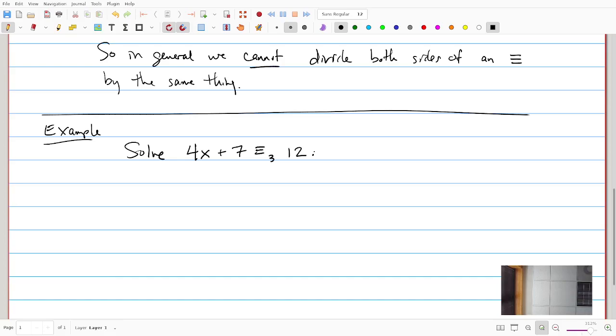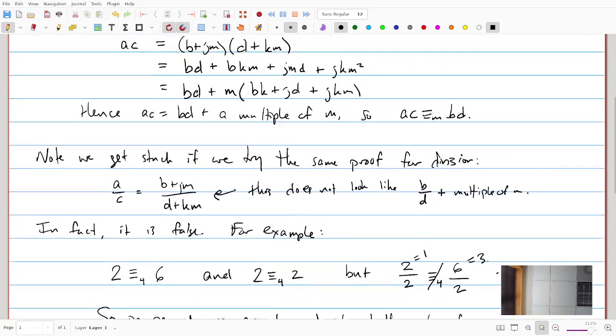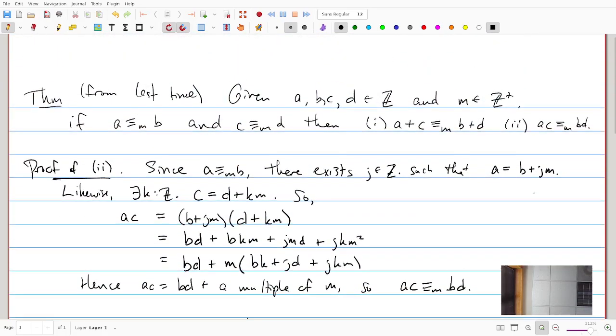We are, right? I didn't prove that part of the theorem, but one part of the theorem says if you've got two things that are equivalent, you can add them. A special case of that is if C and D are actually the same: A is equivalent to B and C is equivalent to C. C is always equivalent to C because we proved that this is reflexive, right?